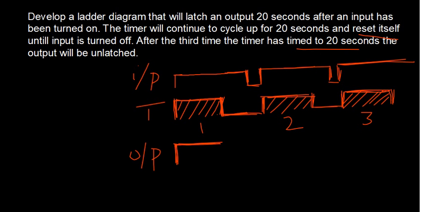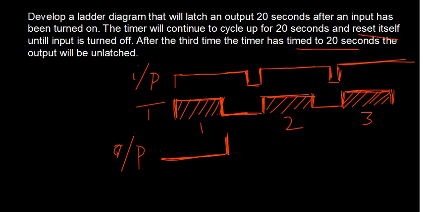Develop a ladder diagram that will latch an output 20 seconds after the input is turned on. The input is turned on here. Simultaneously your timer is also turned on, and this period is 20 seconds. So now your output is turned on here. The timer is turned on for the first time.